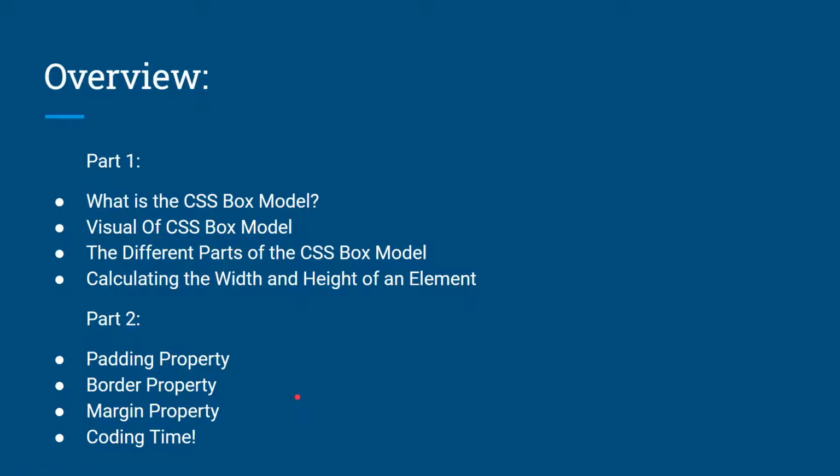And then in part two, we're going to be doing some coding. So we're going to be looking at some properties, and we're going to be looking at how to build this CSS box model. You can think of part one as just understanding the box model, and part two as actually coding it and experimenting with it.